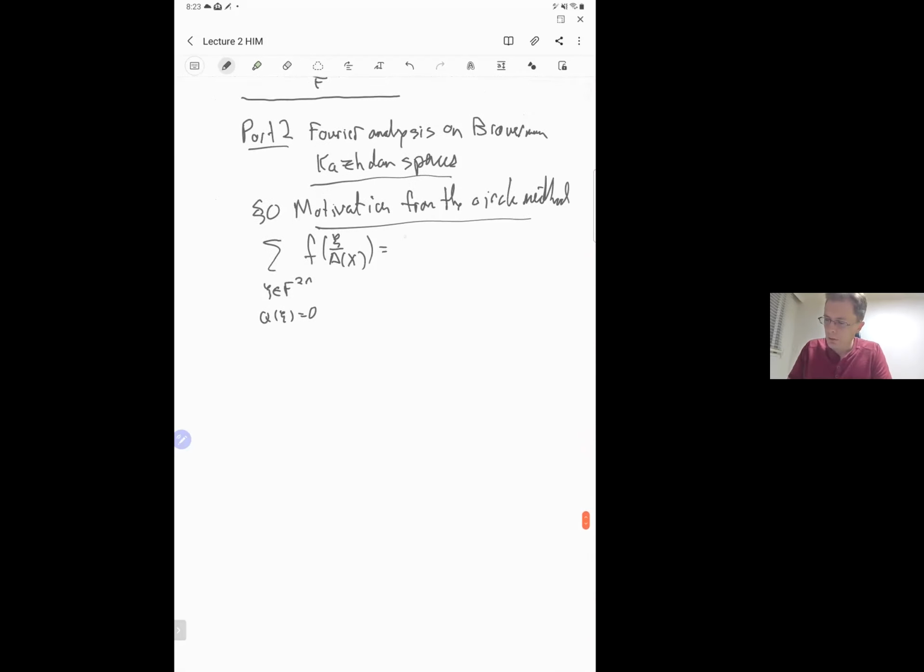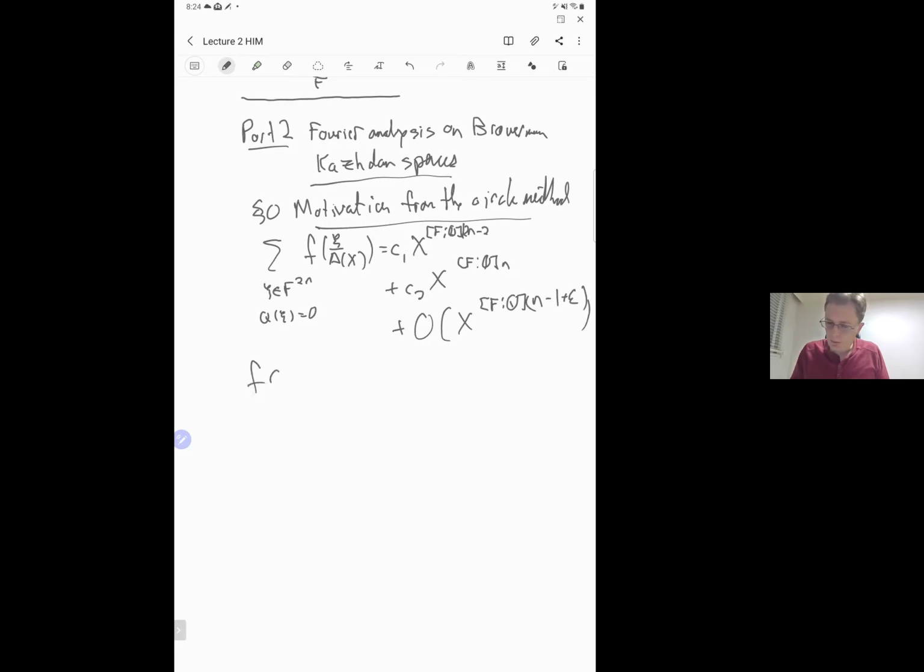I have a main term plus C2 x to the n minus 1 plus epsilon error, plus O of x to the n minus 1 plus epsilon.